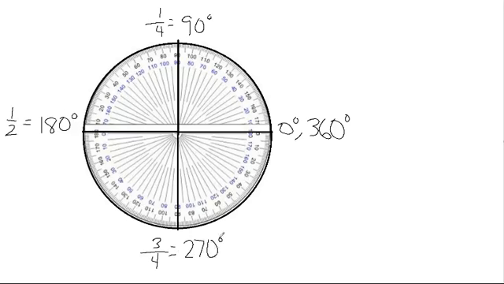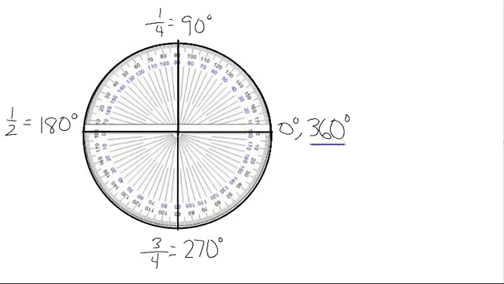Most students understand this concept, but they have difficulty when it asks them to find something like 5/6 of the circle. So just like we split the circle into 4 equal pieces, you can split the circle into 6. You take 360 and divide it by 4, and that's how we got 90 in each, but we can divide it by 6.